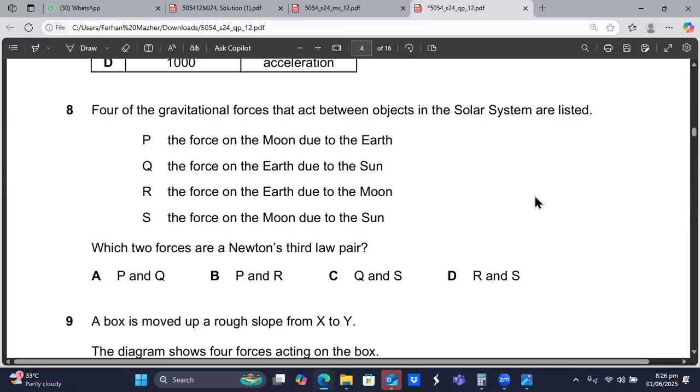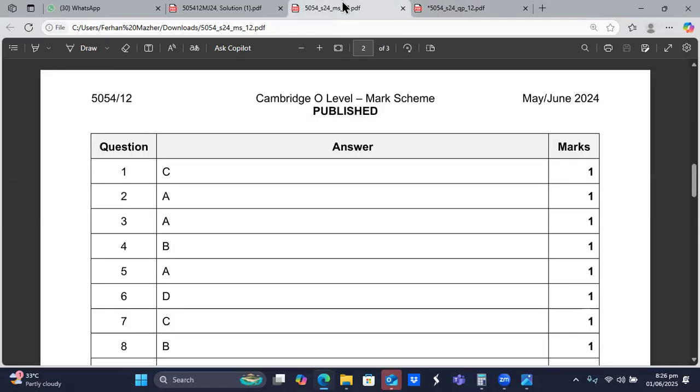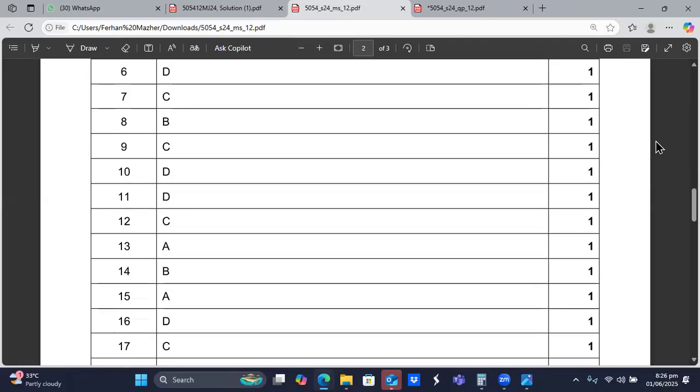If the moon has applied force on the sun, the sun should apply force on the moon, then it will be a pair. So the right option is P and R, where the moon applied force on the earth, and the earth applied force on the moon. So P and R, I think B is the right answer, sir. Question number 8, B is the right answer. I hope you understand this.